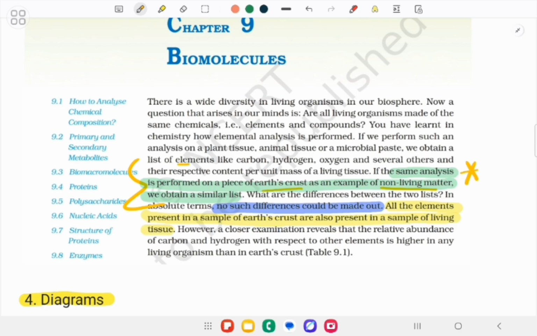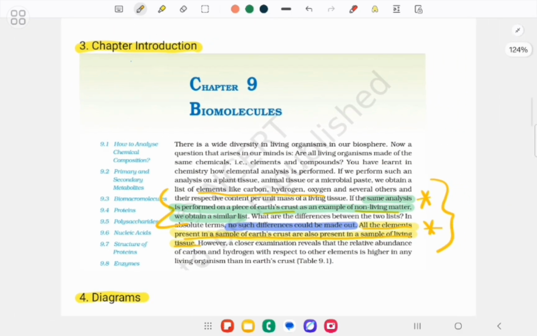Same analysis is performed on a piece of Earth's crust. As an example of non-living matter, we obtain a similar list. What kind of similar list are they talking about? They are talking about the percentage of elements, a list of elements like carbon, hydrogen and oxygen and others. They also conclude that all the elements present in the sample of Earth's crust are also present in the sample of living tissue.